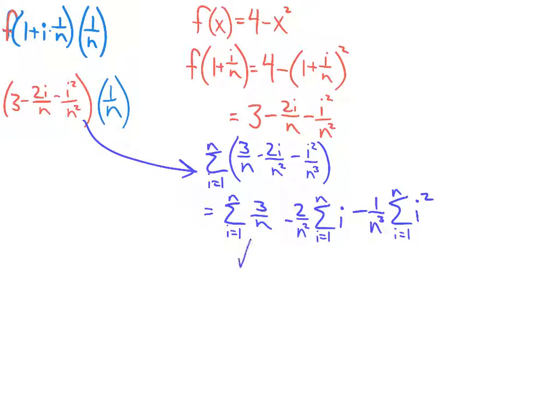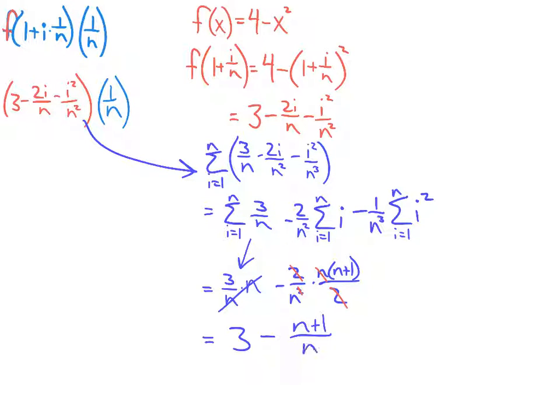For example, 3 over n is a constant, so it's 3 over n times n, which is just 3. Minus 2 over n squared times the formula for the sum of the integers, n times n plus 1 over 2. There, the 2's cancel, the n cancels out one of those. So here I have a 3, minus n plus 1 over n.